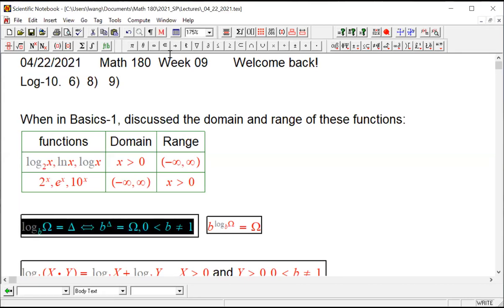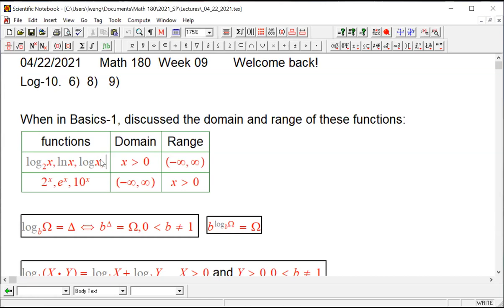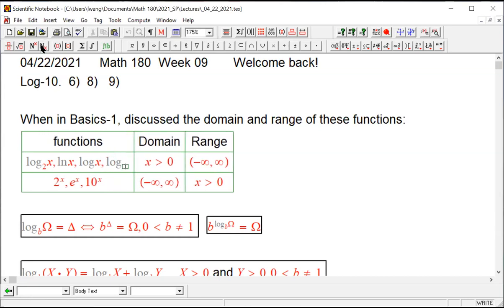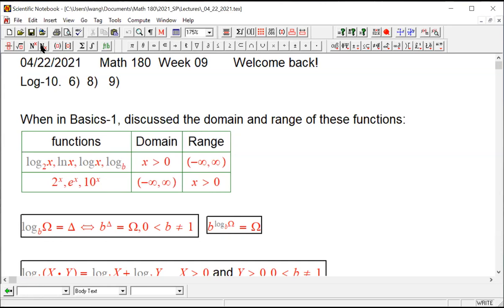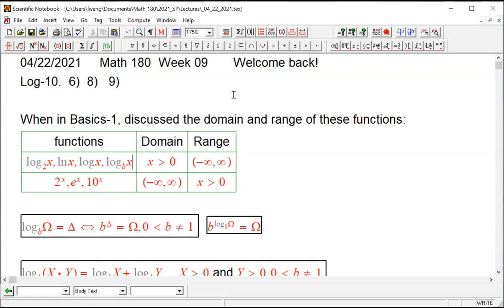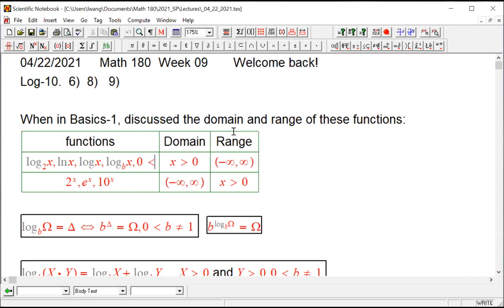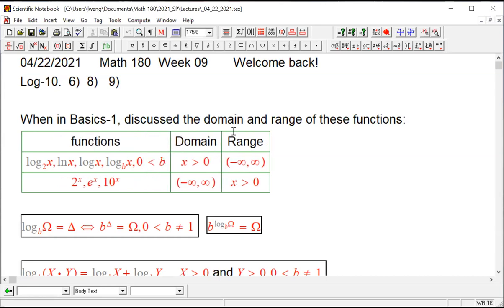Okay, so here's how. When we add a new function here, log base b of x, where b is greater than 0 and not equal to 1.